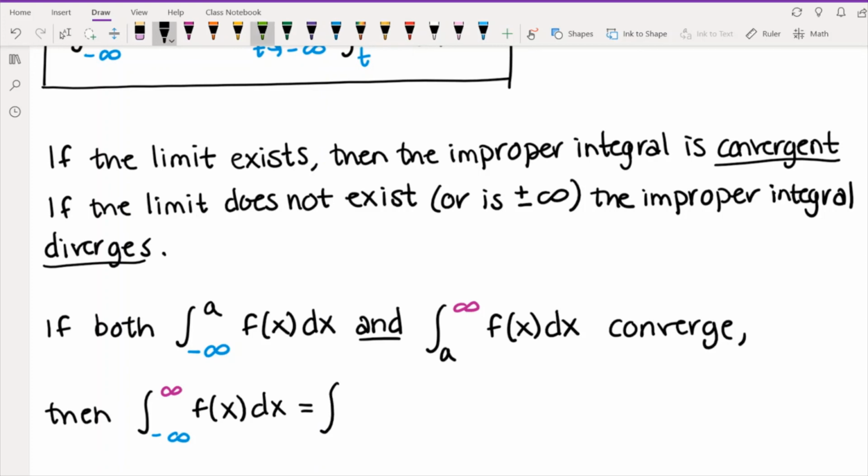You can pick a to be any number you want. Usually you probably want to pick an easy number like 0.